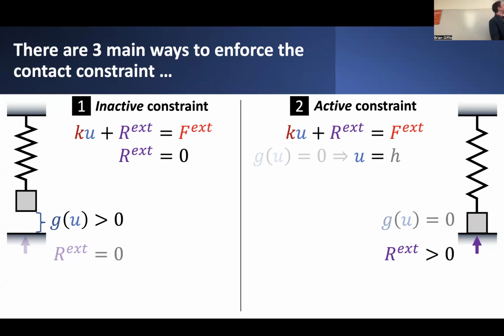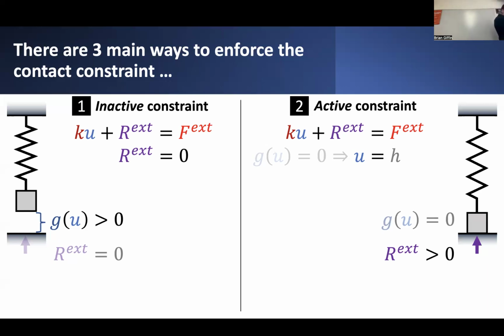In the case of an inactive constraint, in other words, when the gap is open, I can treat this problem as having no contact interaction at all. Some people refer to this condition as an inactive constraint, where the constraint of interest is the constraint on the displacement of the block. If I'm not imposing any constraints on this displacement, then I call that the inactive constraint condition.